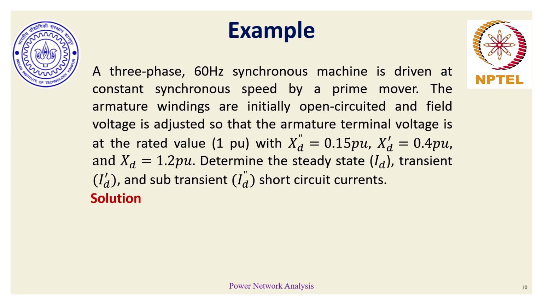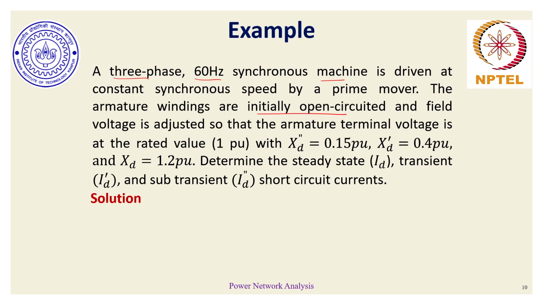We'll take up this simple example to understand the application or implication of these different reactances. We have a 3-phase 60 Hz synchronous generator running at constant synchronous speed. The armature windings are initially open circuited, so there is no question of armature reaction appearing at all.